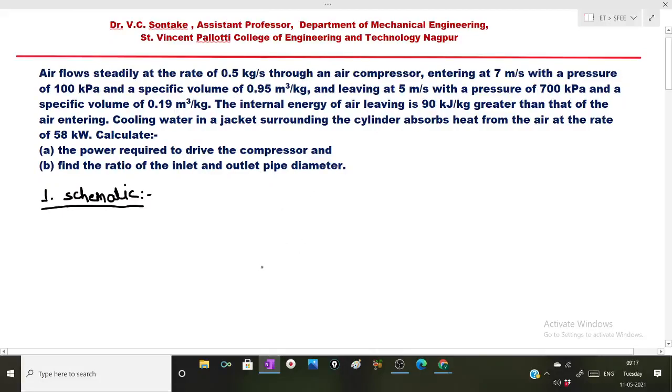We have two types of air compressor: one is the rotary compressor and the other is the reciprocating compressor. So we can consider either of these. It hardly matters which type of compressor you consider in the problem. So I am considering a rotary compressor in this case. A rotary compressor is represented by this symbol.